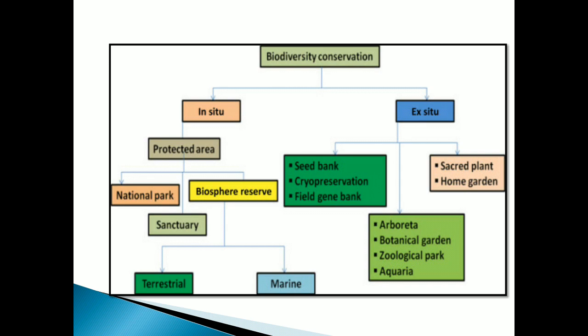But how do we conserve biodiversity? Either you go for in situ, protection at the location point, or ex situ measures. Now, what do you mean by in situ? In situ conservation is an on-site conservation method where you conserve the habitat at its original place.